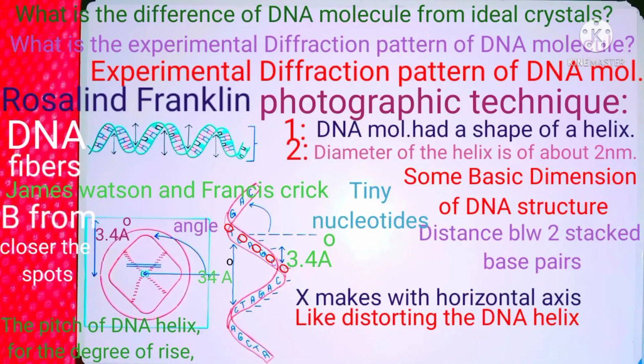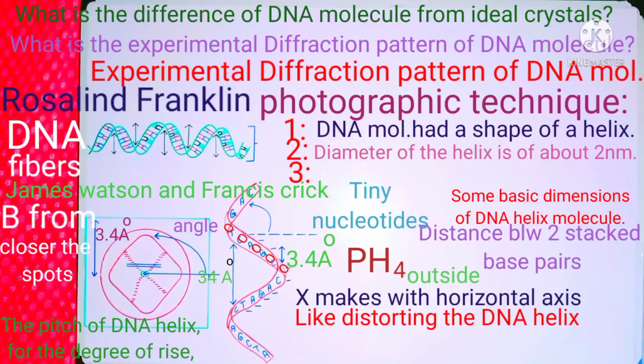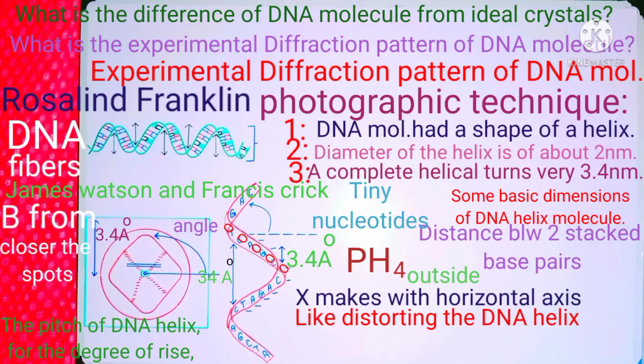Now you have an idea of how the helical pitch is related to the X-ray diffraction pattern. From this pattern, Franklin recommended that the phosphate groups were on the outside. From the analysis and measurements made by Rosalind Franklin, the third point is that there is a complete helical turn every 3.4 nanometers. These basic dimensions of the DNA structure were known by Rosalind Franklin.